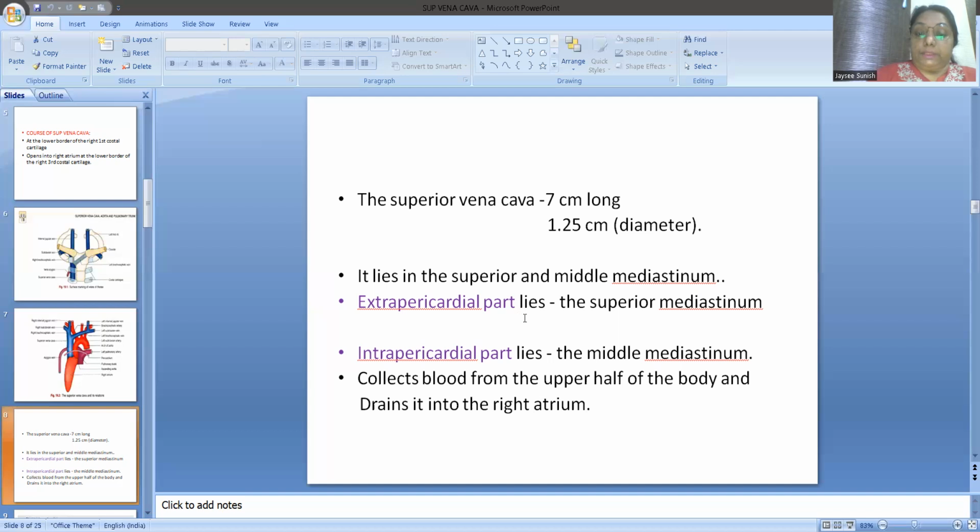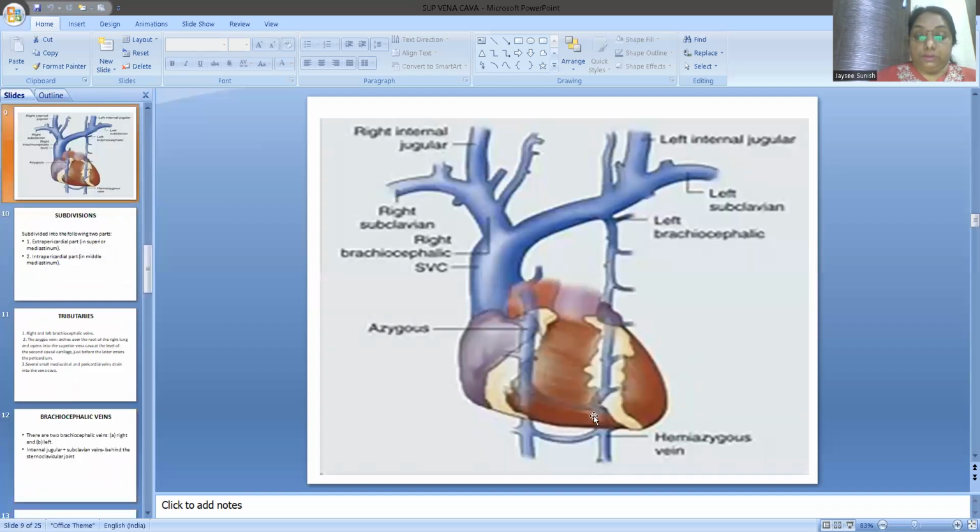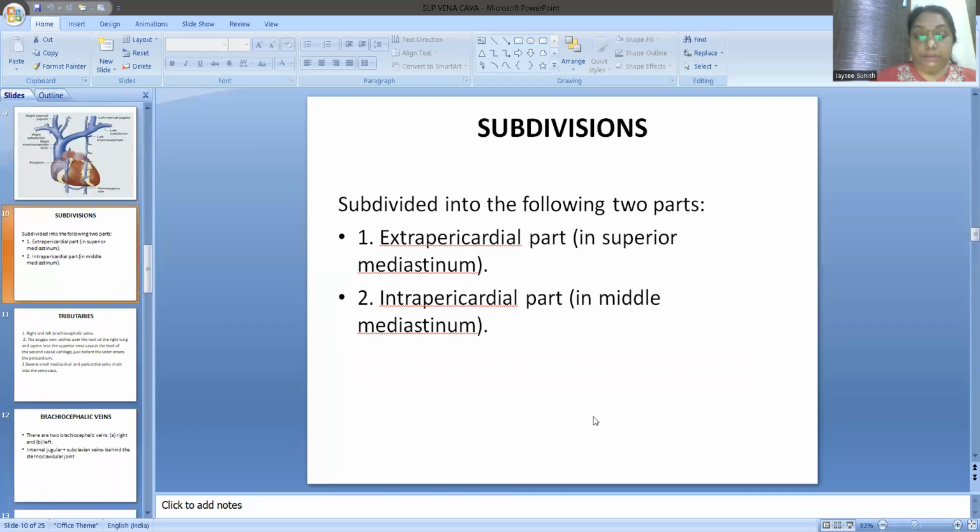The extrapericardial part lies in the superior mediastinum, and the intrapericardial part lies in the middle mediastinum. It collects blood from the upper half of the body and drains it into the right atrium.